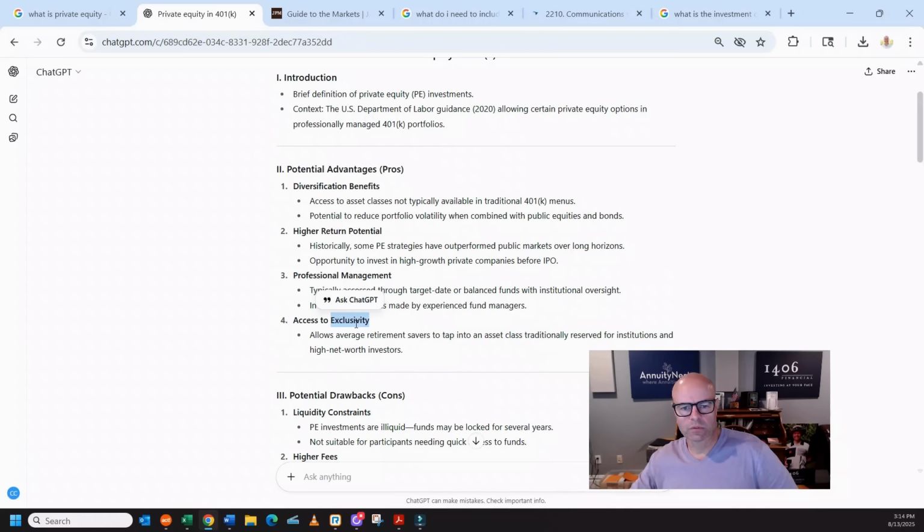And access to exclusivity, right? So the big cry here from somebody, raise your hand if you've ever had an employee come in and say, hey, I'd like a private equity fund in my 401k. Or if you as an employee went to your employer, hey, should we get private equity funds in here? Maybe it's happened, but I don't think at a terribly large level yet.